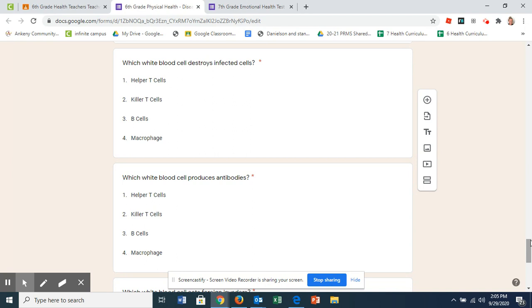Next definition. Which white blood cell destroys infected cells? 1. Helper T cells. 2. Killer T cells. 3. B cells. 4. Macrophage.